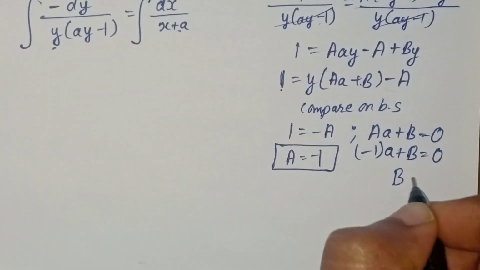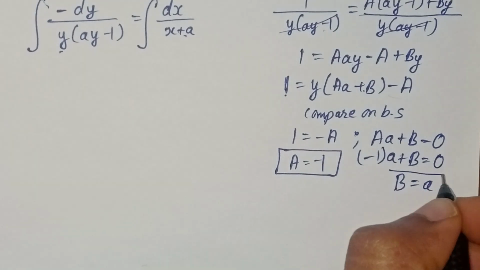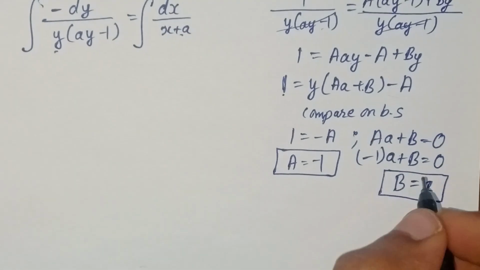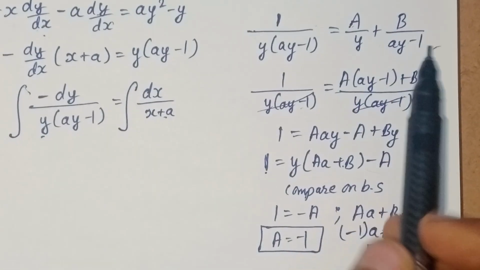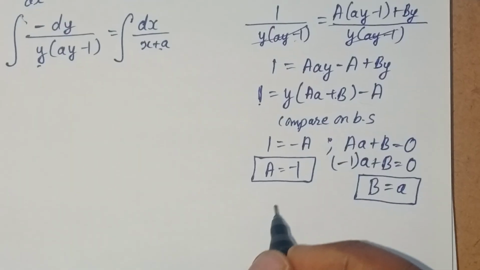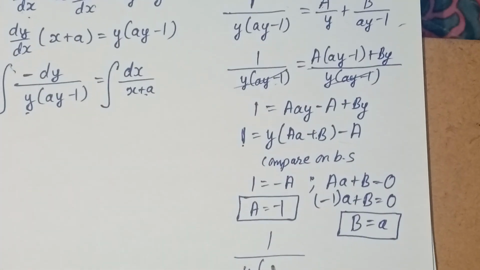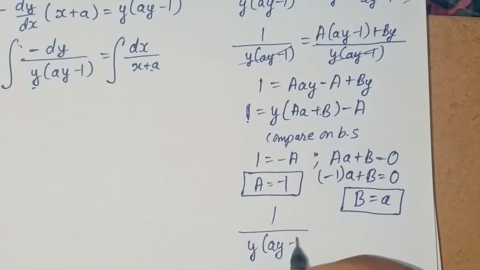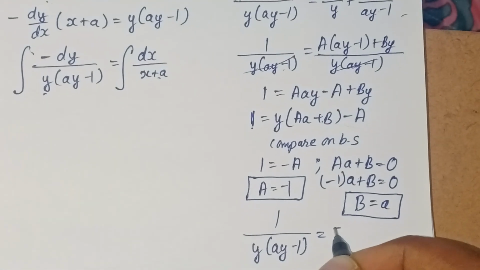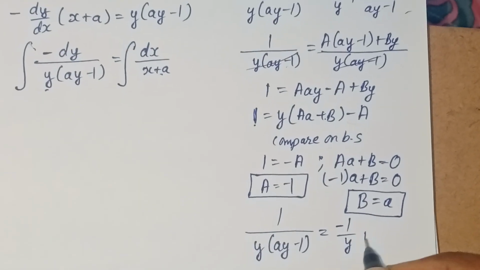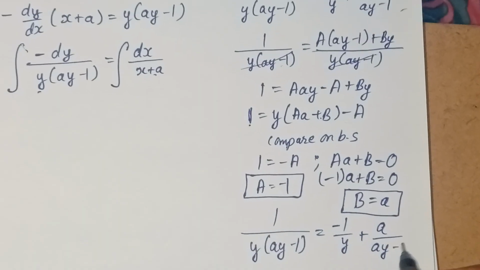Then the B value equals a. Here we get the A value and the B value. Then we substitute them here. Then we get 1 by y(ay minus 1) equals minus 1 by y plus a by (ay minus 1).